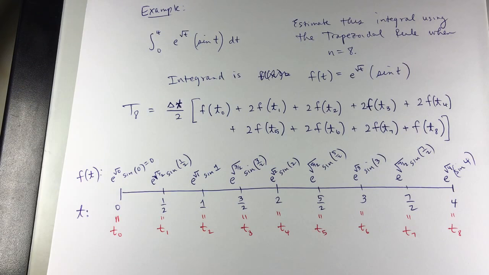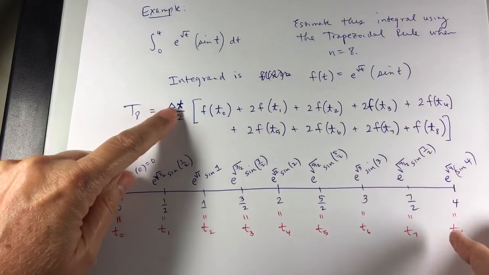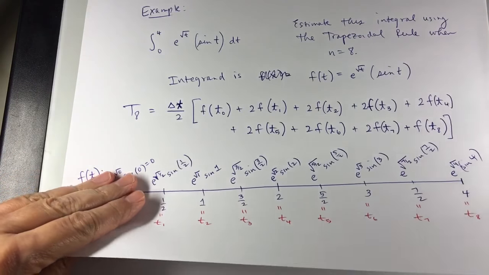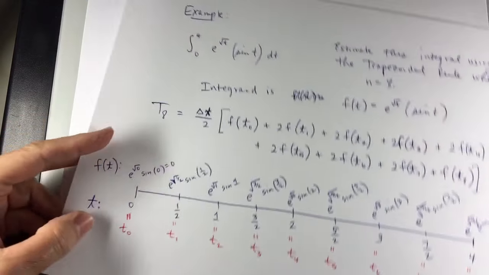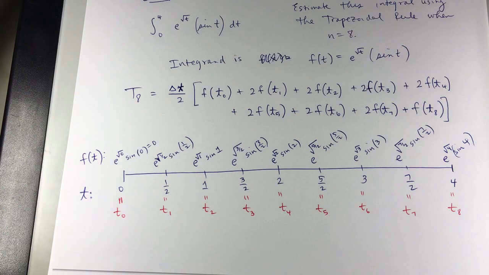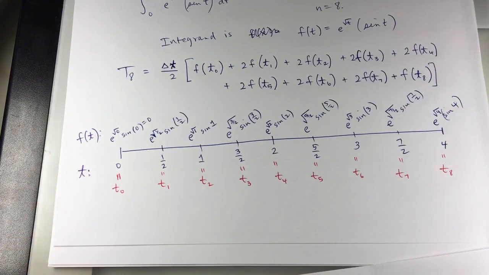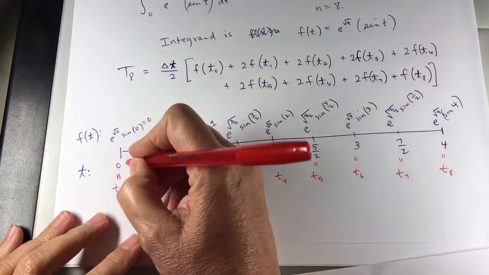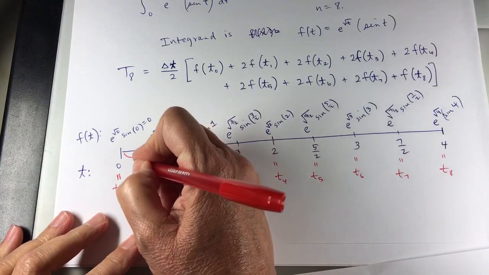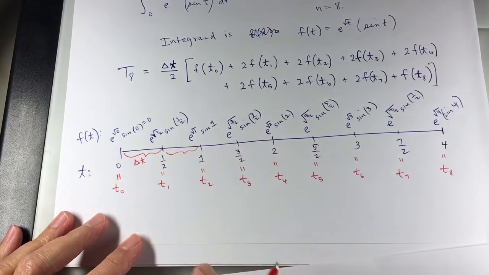So we'll plug all that into the formula up here. By the way, what is delta t? That's 1/2. There is a little formula in the book for finding delta x or delta t, but you can look right here. Delta t is, what is the distance from one endpoint to the other right here?